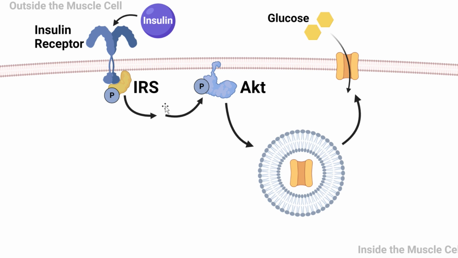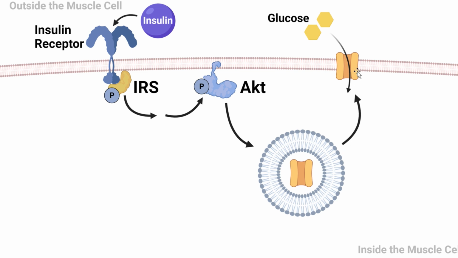Excuse me. And then from there, you have the eventual phosphorylation of AKT. And this is the protein that we're going to be most concerned with, because the phosphorylation or activation, which it can be phosphorylated to inactivated as well, but in this situation, we're looking at activation. So the activation of AKT then leads to the recruitment of these GLUT transporters, which are blood sugar transporters, which are inside the cell.